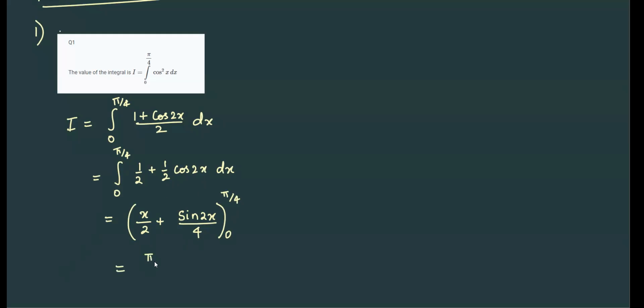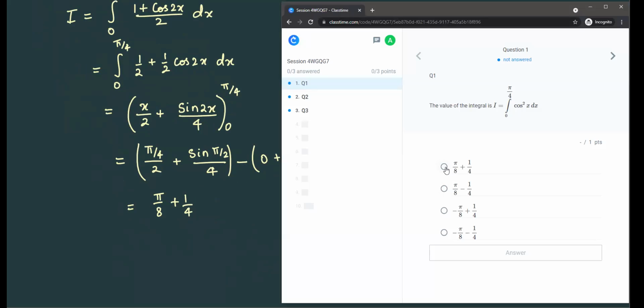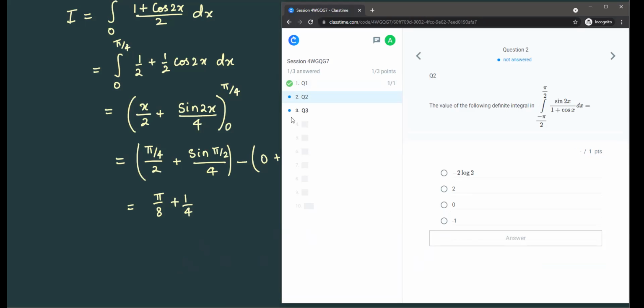First you get pi by 4 by 2, and sine of 2 into pi by 4 is sine pi by 2 upon 4, minus, when you substitute the lower limit, 0 by 2 plus sine 0 is 0 by 4. So we get pi upon 8 plus 1 upon 4. So this is the answer. That was very, very simple.